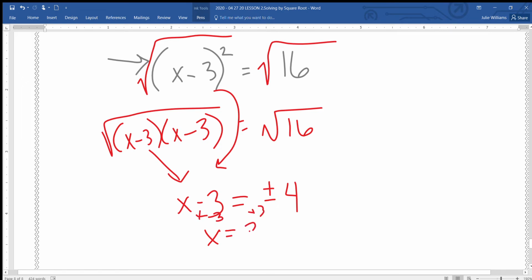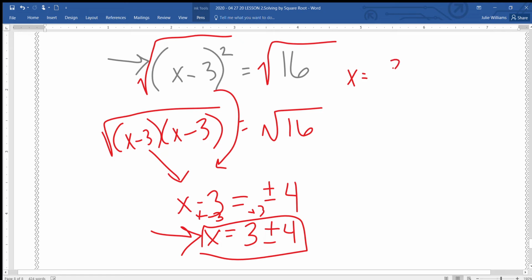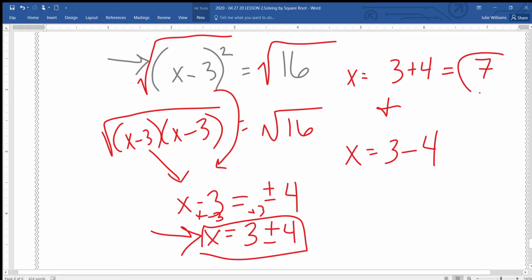X equals 3 plus or minus 4. Do not leave it like that. You can simplify it from there. What that expression is saying is that x is either 3 plus 4, and that x is equal to 3 minus 4. So in this case, my two solutions are going to be x is equal to 7 and x is equal to negative 1.